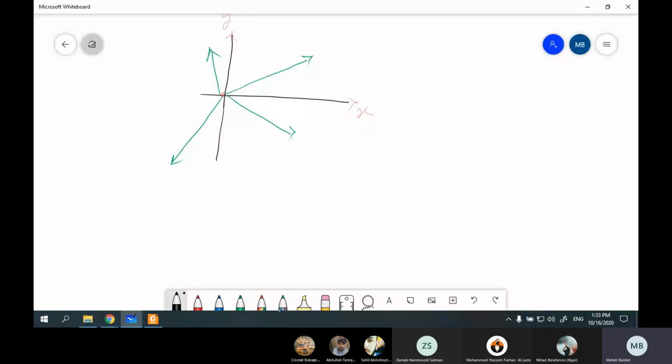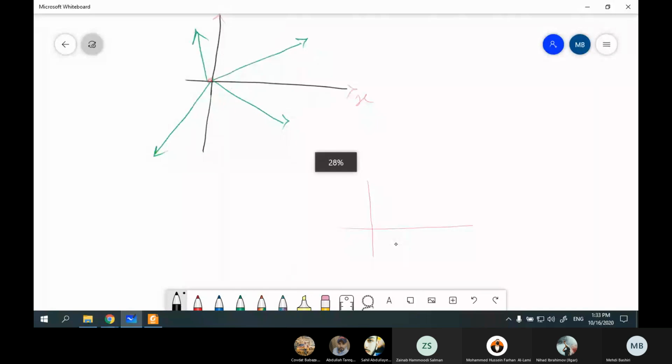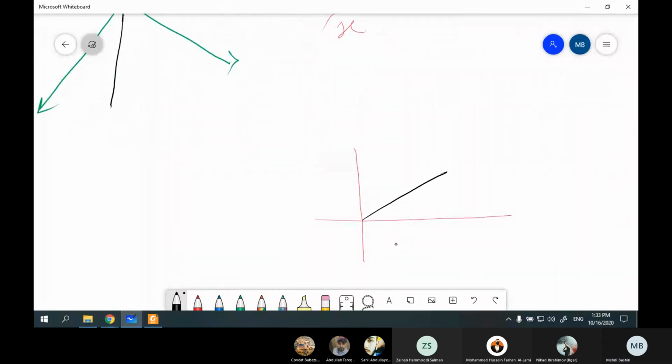How? First, before we start with the method, I have to explain something. Suppose that we have a force like this, F. The component of force F, or we can write the force F like this, Fx i plus Fy j.